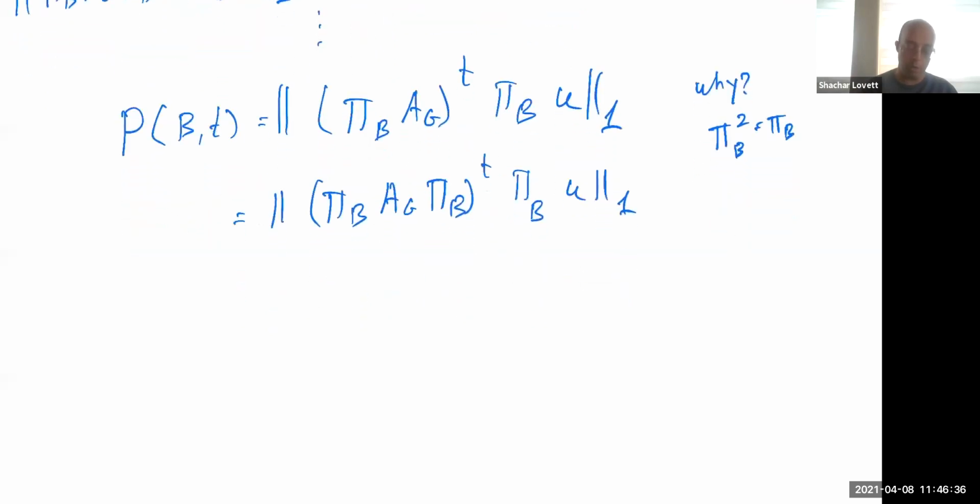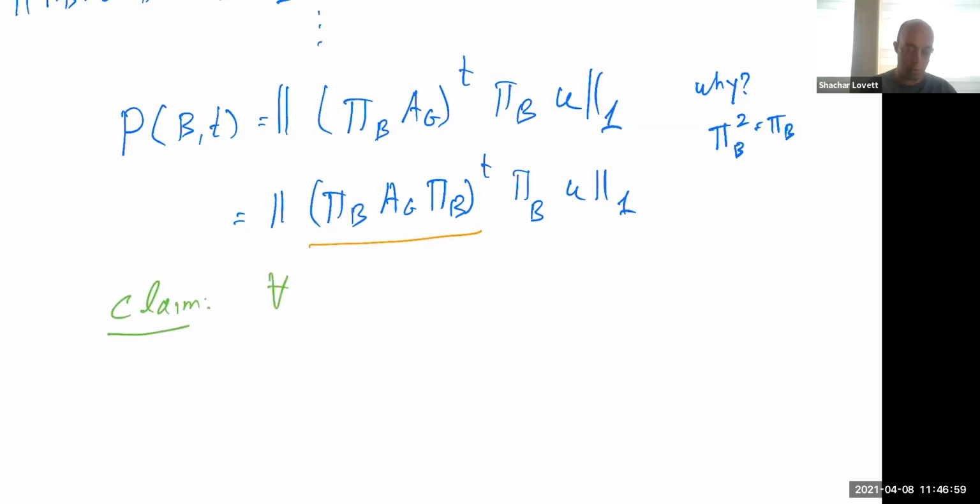I want to look at this matrix, π_B A_G π_B, and see how it behaves on vectors. And again, we care about the L1 norm, but we're going to do all the analysis in the L2 norm because it's going to be more amenable to linear algebra. So here's going to be a claim.